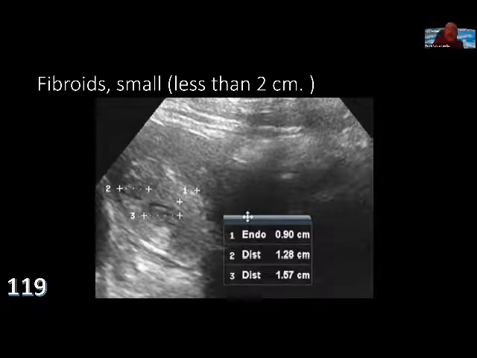I saw him lecturing for an hour just saying, fibroids don't hurt. If it hurts, it's not because of the fibroid. Well, usually fibroids don't hurt. Irritable bowel hurts. If you eat too spicy, it hurts. You have an infection, it hurts. Fibroids usually don't hurt. Fibroids, what they cause is abnormal bleeding.